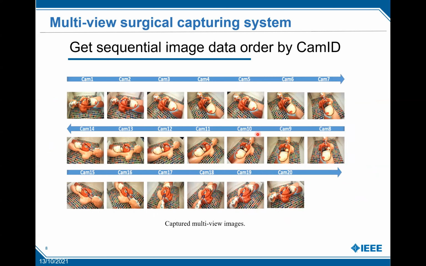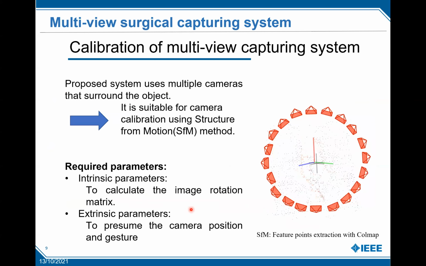The system uses the SFM method to perform camera calibration. First, we start all the multi-view cameras for image acquisition. The order in which the cameras are numbered corresponds to their actual position in 3D space. By importing the images taken by the multi-view cameras, the camera parameters are obtained and the image feature points are extracted.